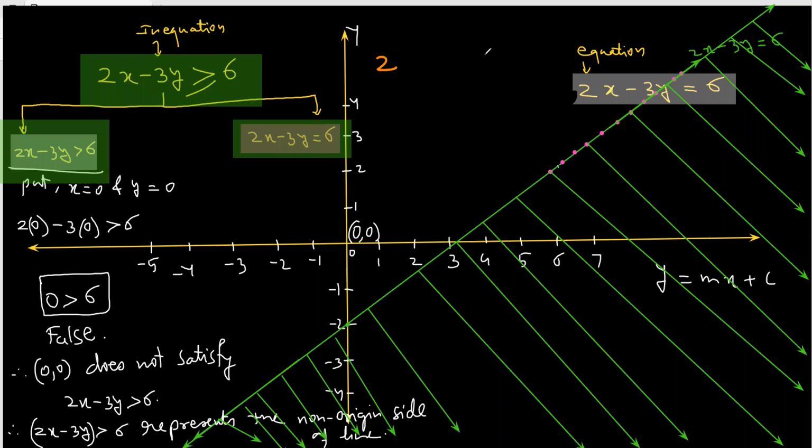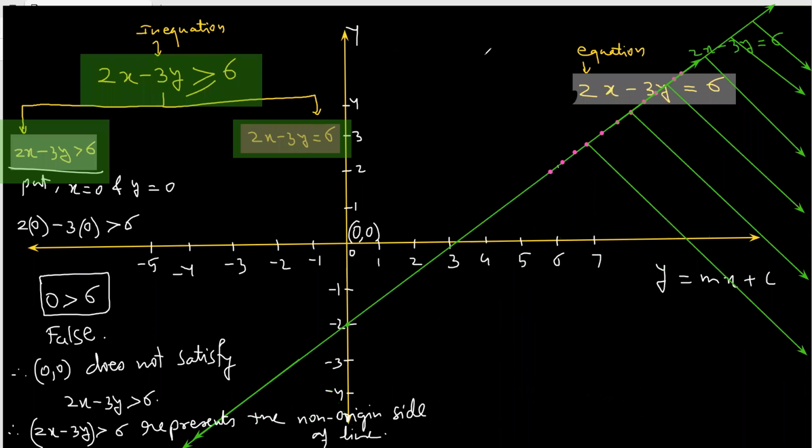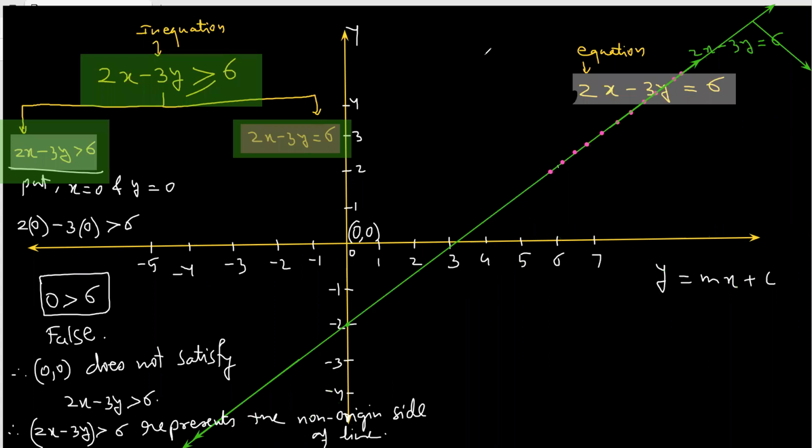Since you have only 2x minus 3y lesser than 6, you will make that line dotted. Why? Because the line is not there. You will do this dotted part like this.